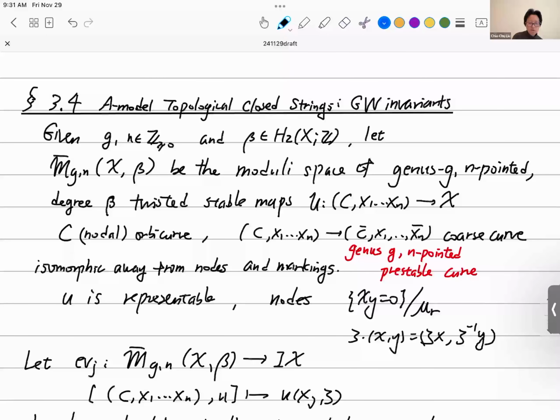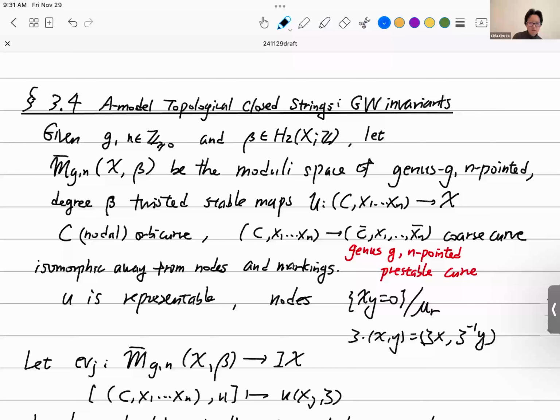And also, you have this possibly nodal orbifold curve, and you can consider the coarse curve. It's just you forget the orbifold structure at the marked points and at the nodes. And then this coarse curve will be a genus g, n-pointed pre-stable curve. And the map to the coarse curve will be an isomorphism away from nodes and markings.